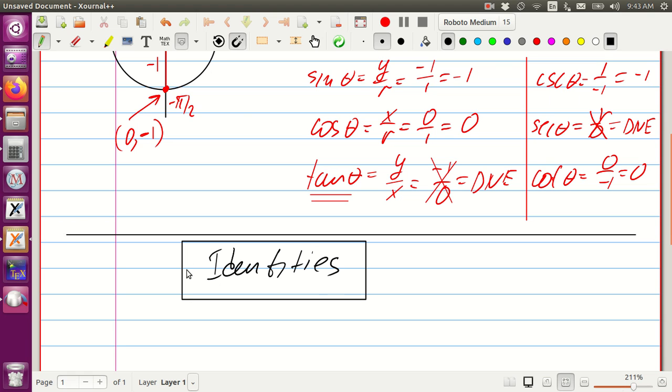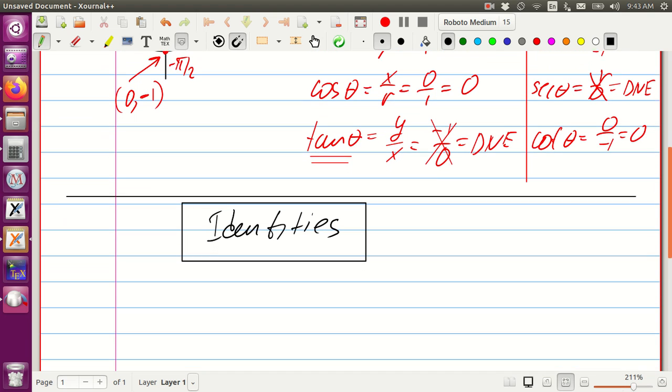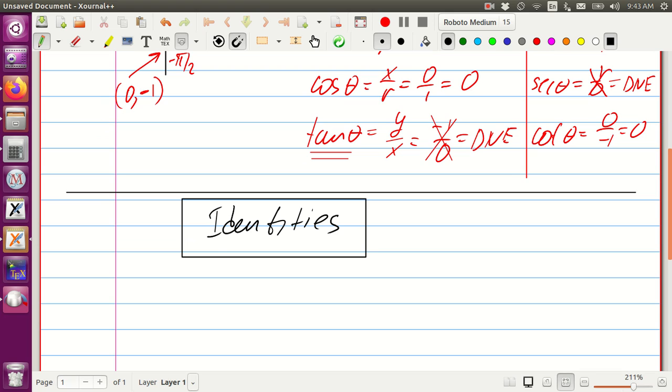We'll learn some identities, and some of these identities we're going to use, and some we probably will not use, but maybe it's still good to review them. So the first set of identities comes directly from the definition.